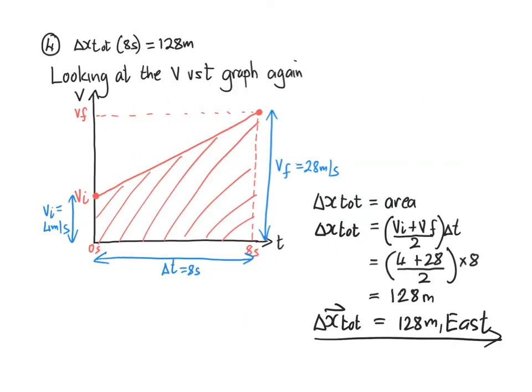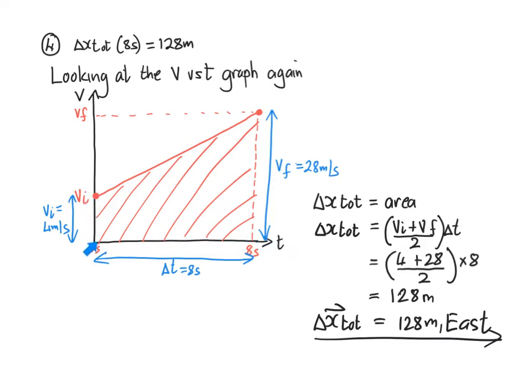Question number 4 asked us to work out the total displacement. Well, we've already done that, but I would like to revise it because something really important comes out of this. Looking at the velocity versus time graph, very simply, we had a time axis and a velocity axis. We had an 8-second interval, delta t equaling 8 seconds along the horizontal axis.